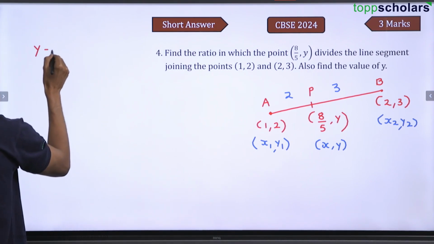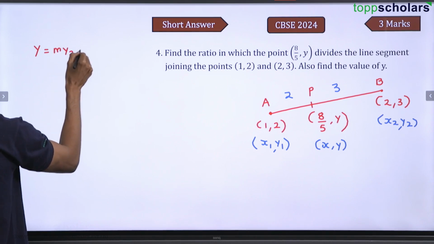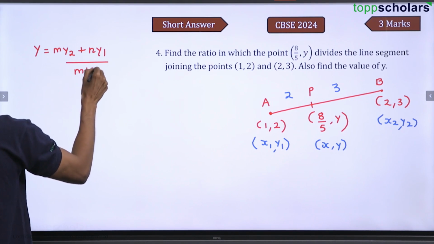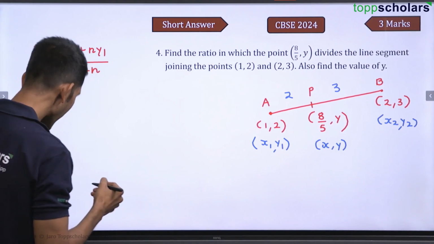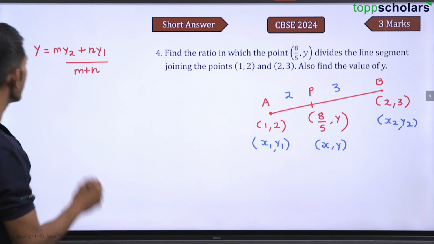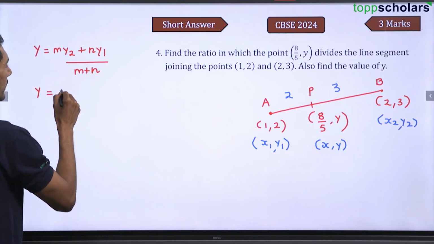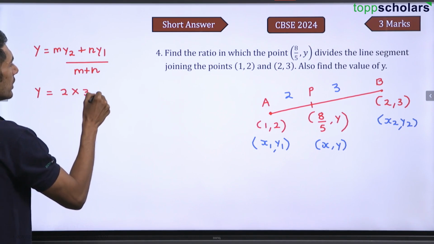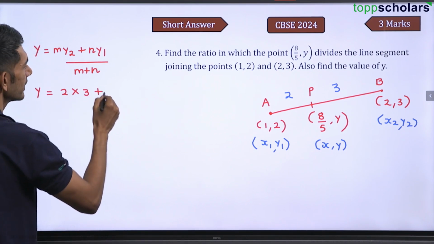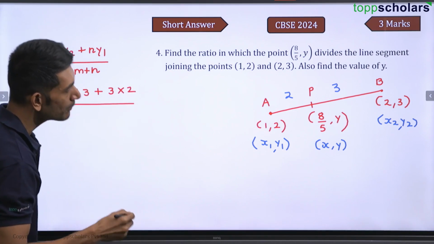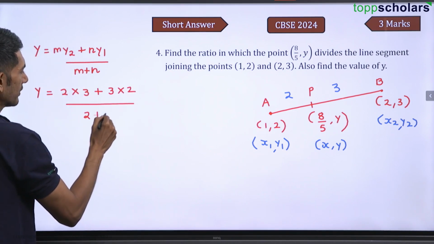Y is equal to (m y2 plus n y1) by (m plus n). So y is equal to m into y2, that is 2 into 3, plus n into y1, that is 3 into 2, by m plus n, that is 2 plus 3.